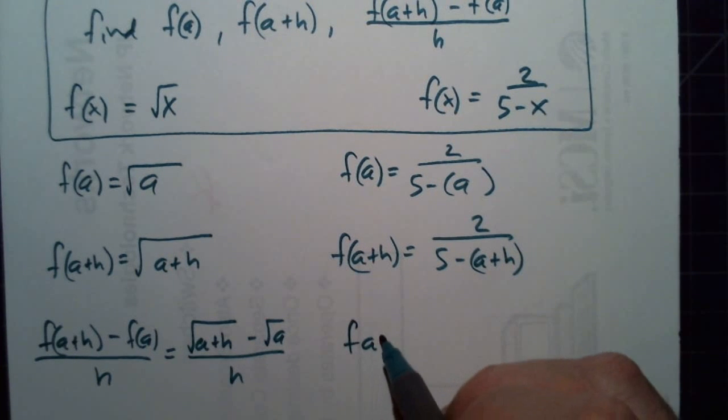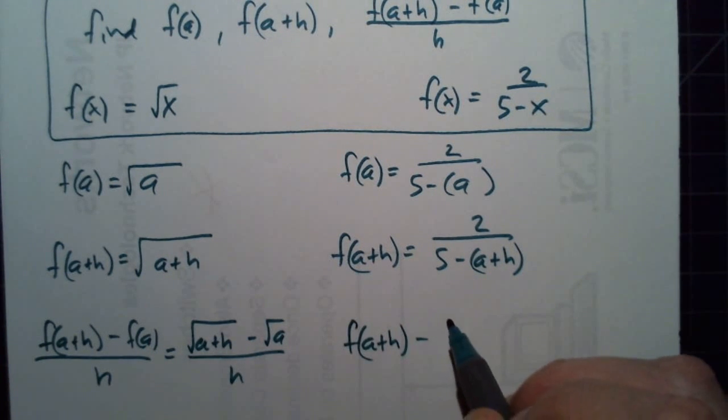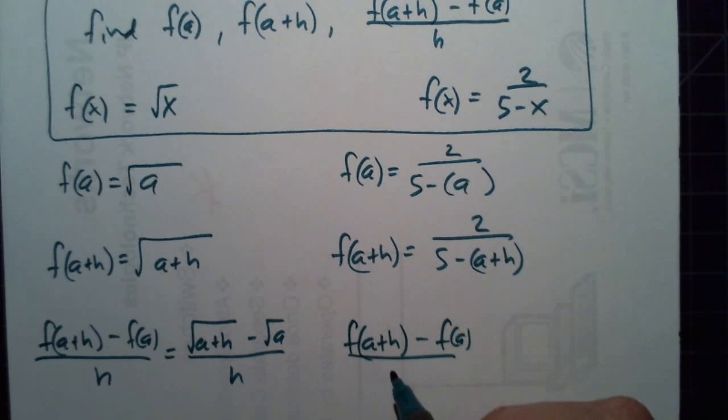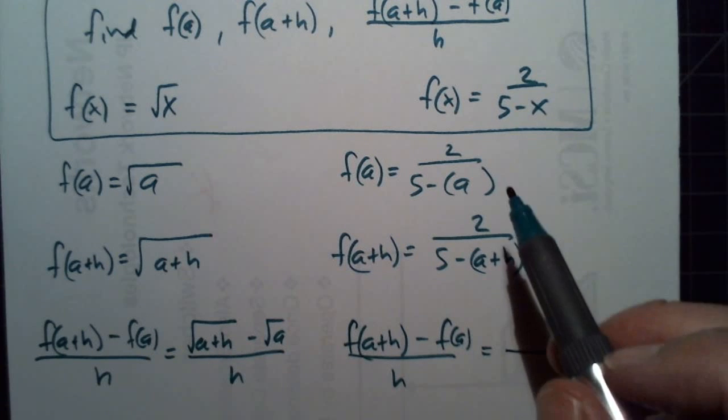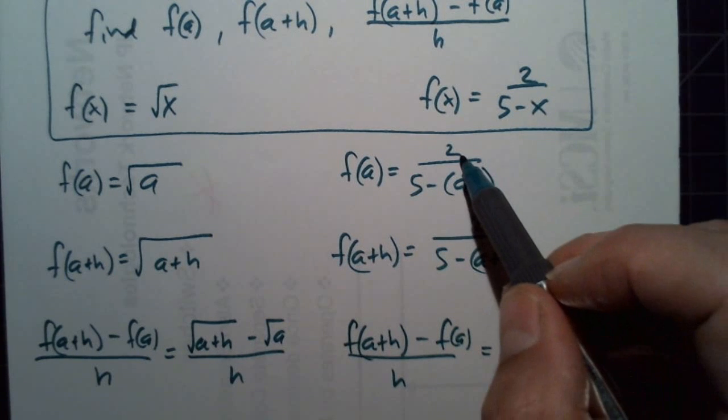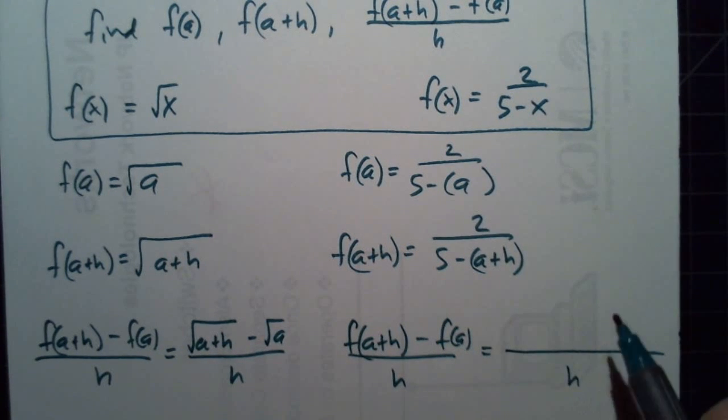Then f of a plus h minus f of a over h equals, and now we just copy f of a plus h minus f of a over h.